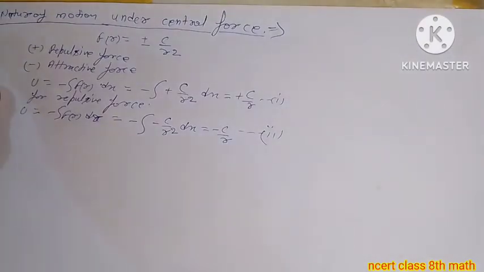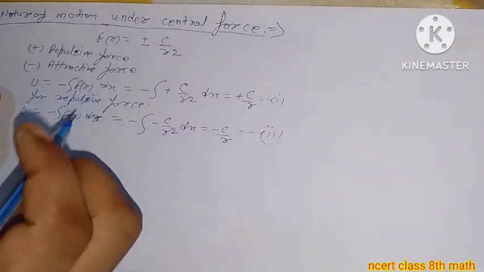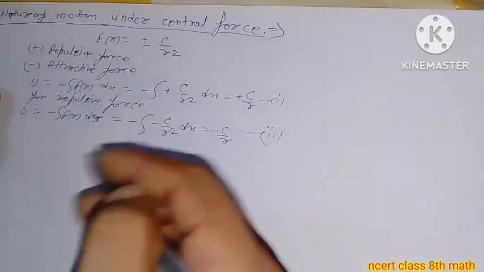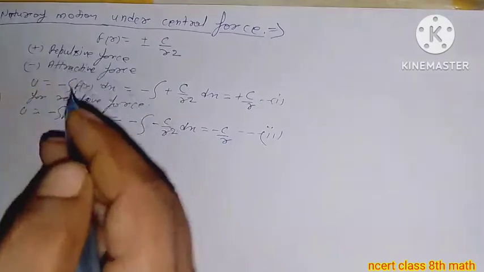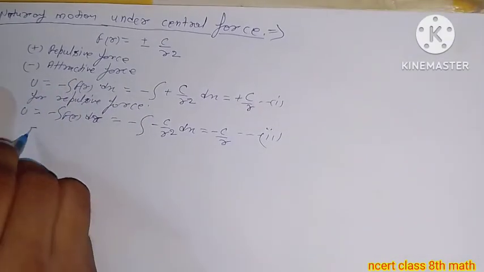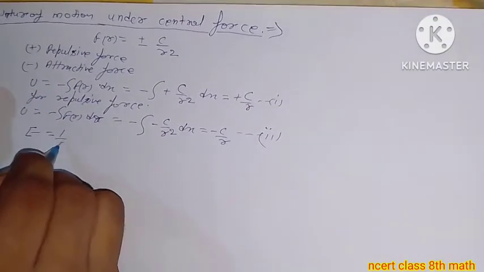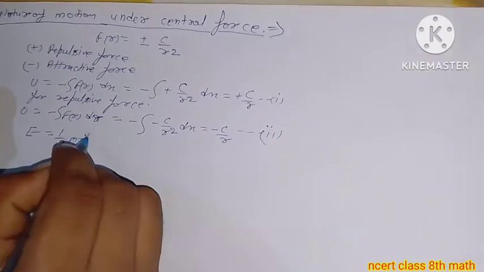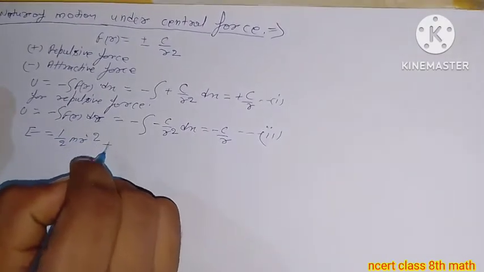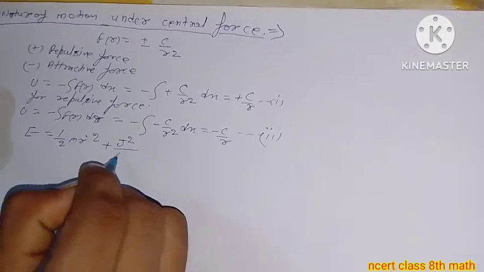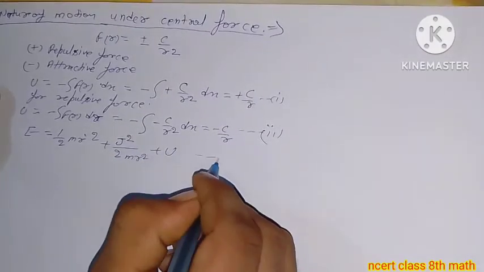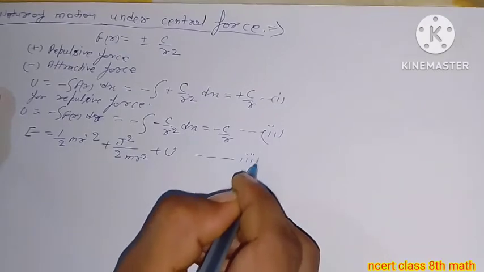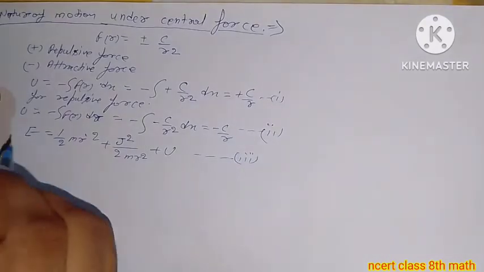The total energy of a particle moving under a central force is given by E equal to 1 upon 2m (dr/dt) square plus J square upon 2m r square plus U. This is equation number 3.